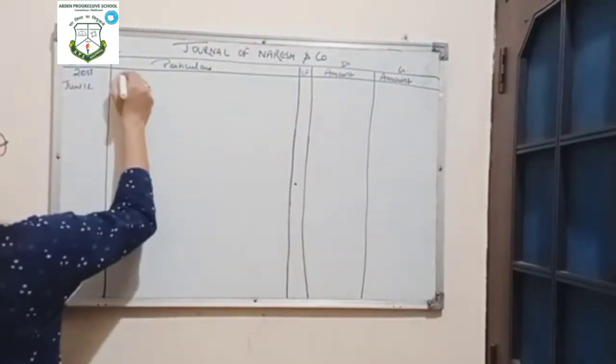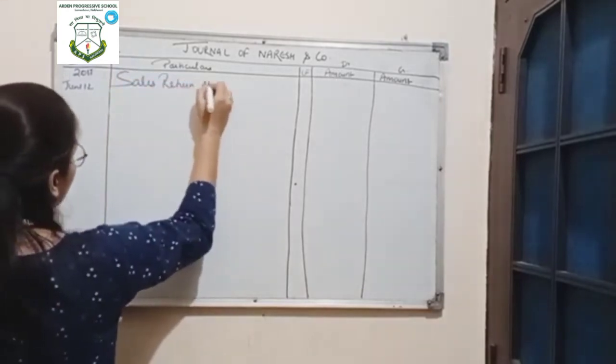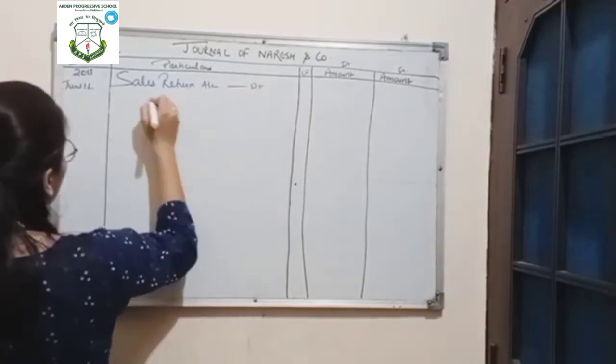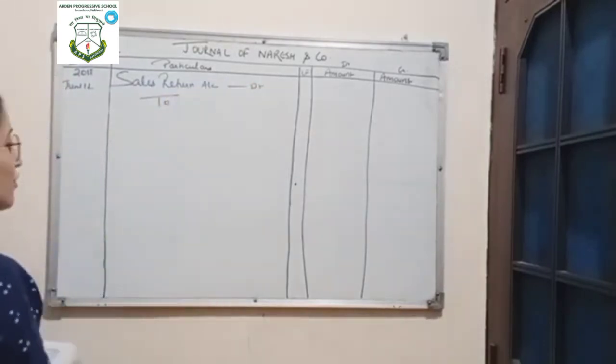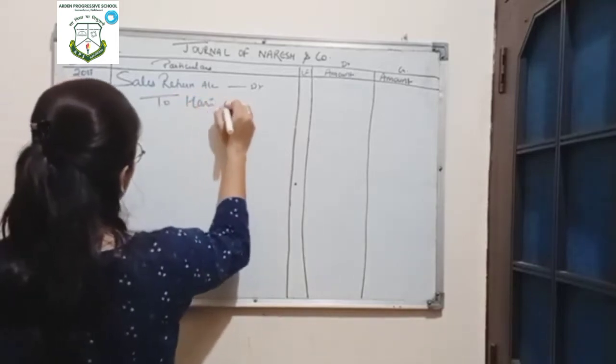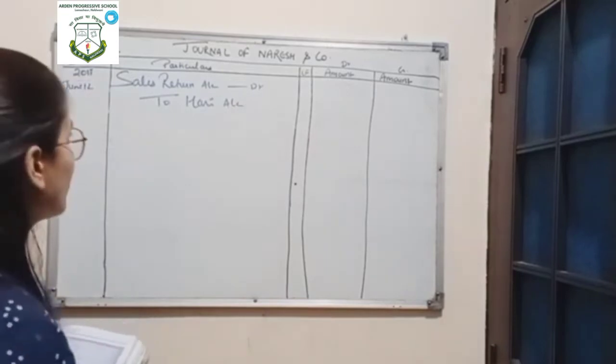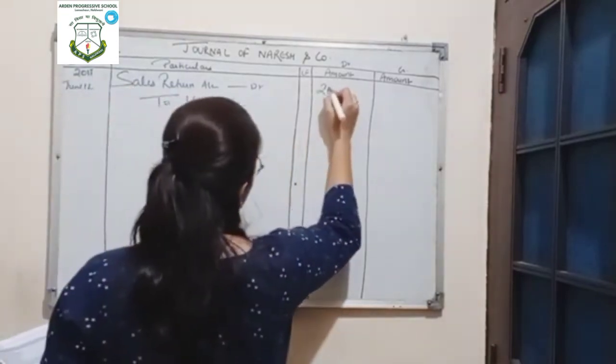Expenses are debited, so we will debit sales return account. And who is the giver of goods? Giver of goods is Hari. Hari's account will be credited according to the personal account rule. Amount is rupees 2,000.